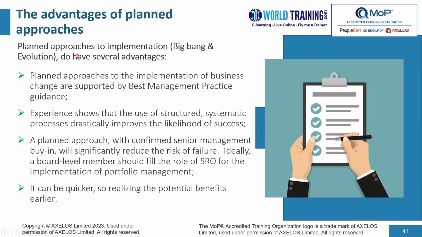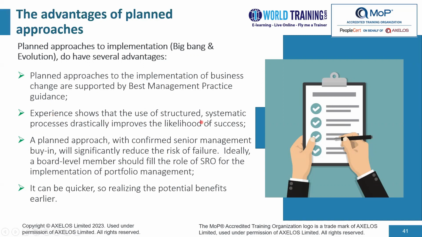Planned approaches, by that we are referring to Big Bang and evolutionary approaches, have several advantages. Planned approaches to the implementation of business case are supported by best management practice guidance. For example, you could use program management thinking to implement portfolio management. That's the advantage.